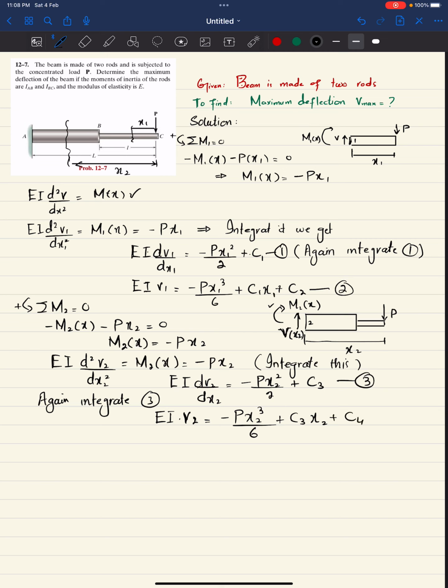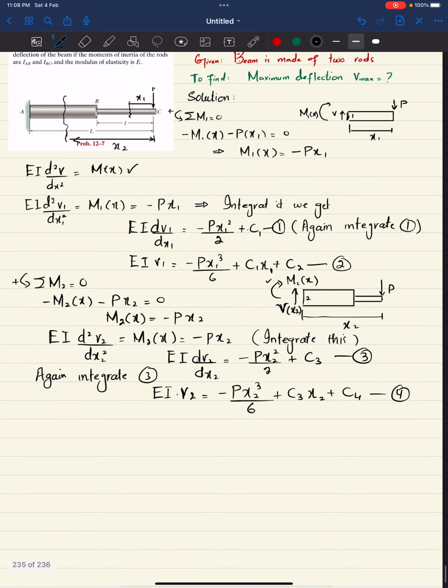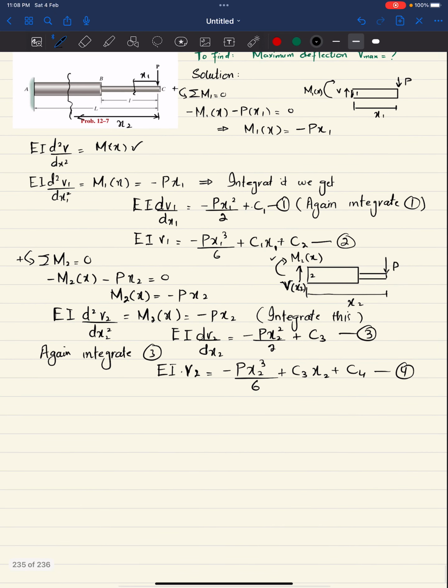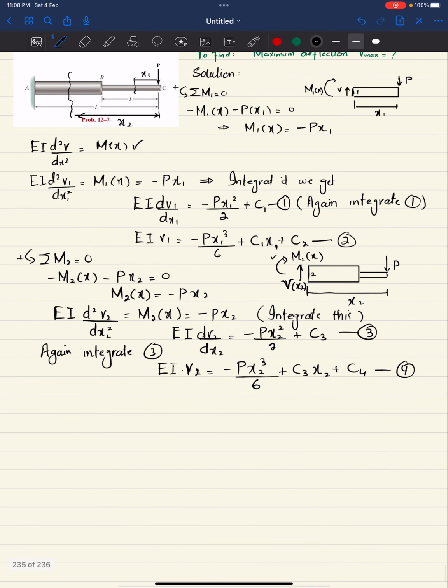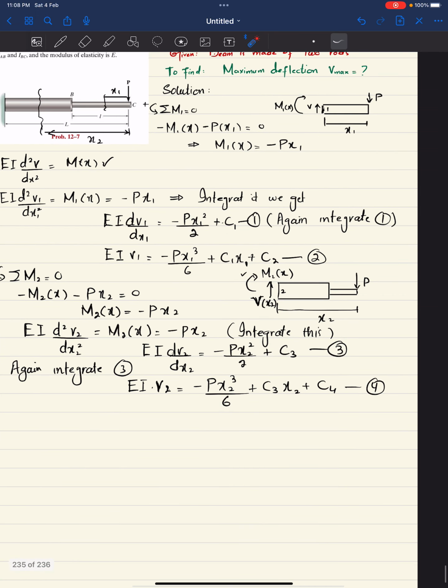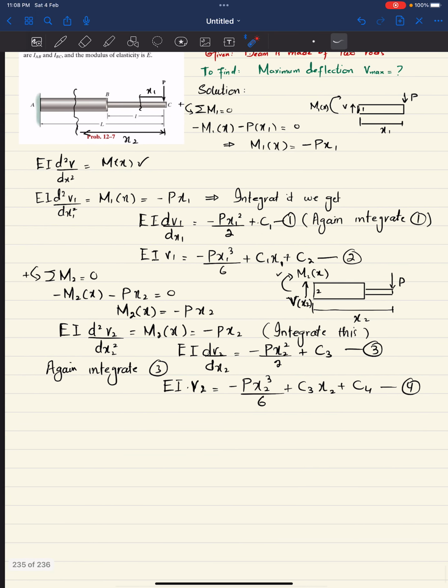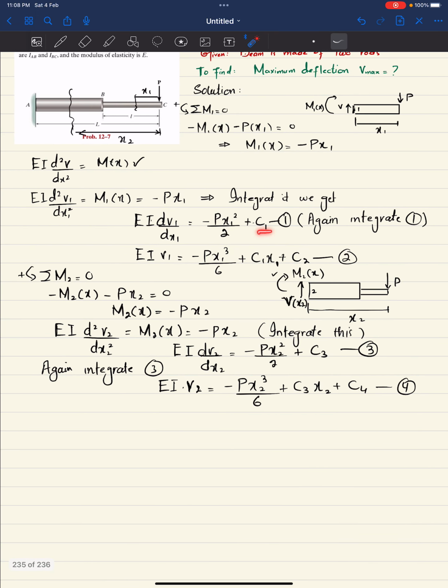Here this is x2. This equation is equation number 4. Now we have these four equations, and c1, c2, c3 and c4 are unknown constants of integration, so we will find them by using boundary conditions.